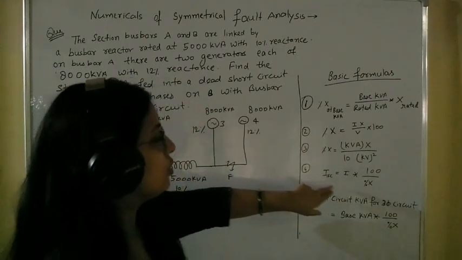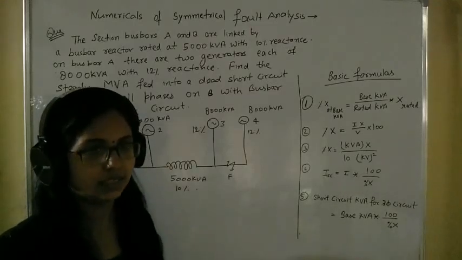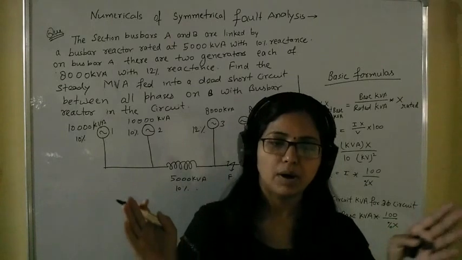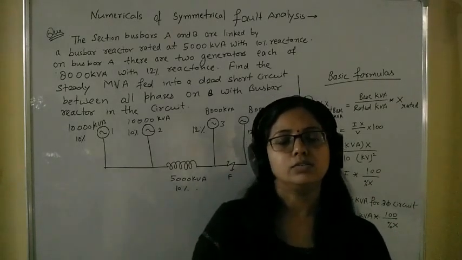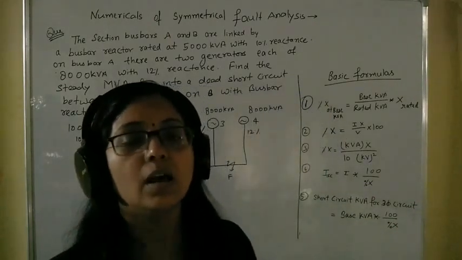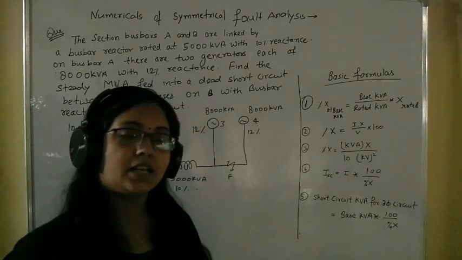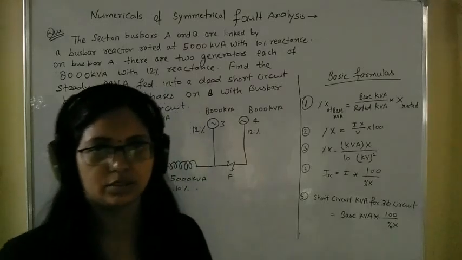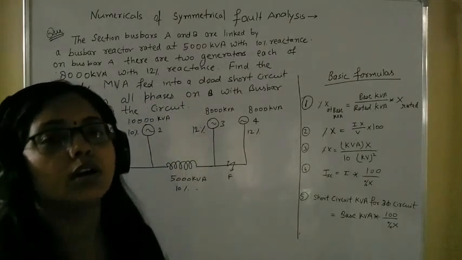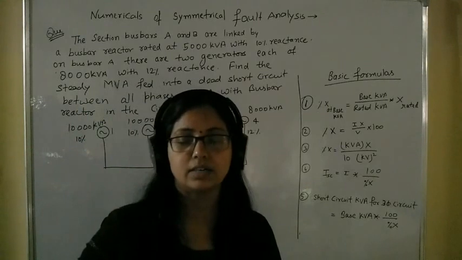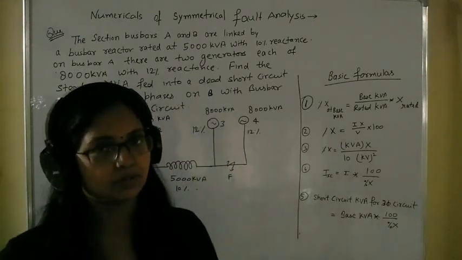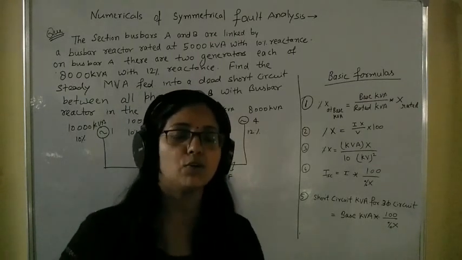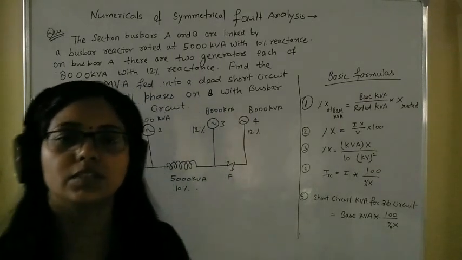Next formula is also important, that is short circuit current. Why do we find out the short circuit current in any power system? The reason is very simple, because as we know there are different types of equipments connected in the power system. If any type of fault occurs in generator or in bus bar or any other places, that can affect the equipments connected to the system.